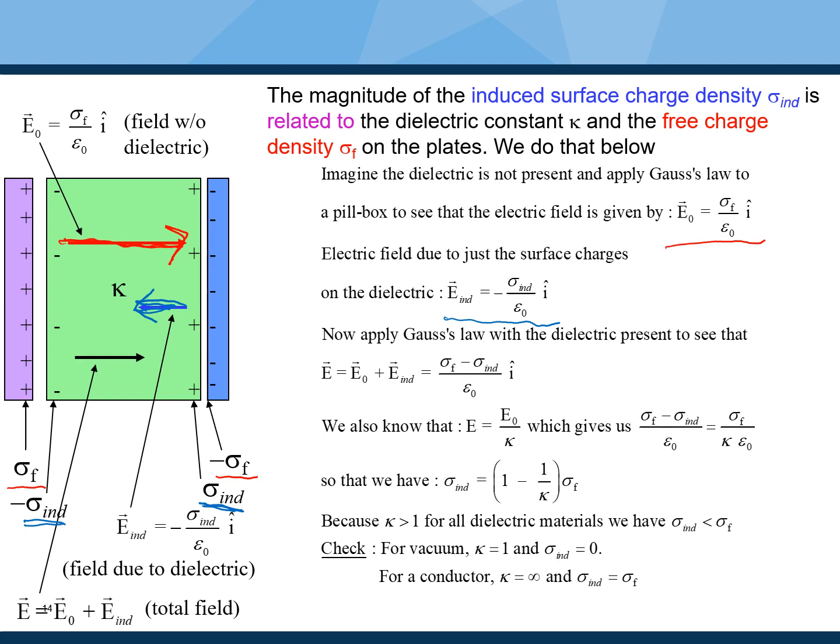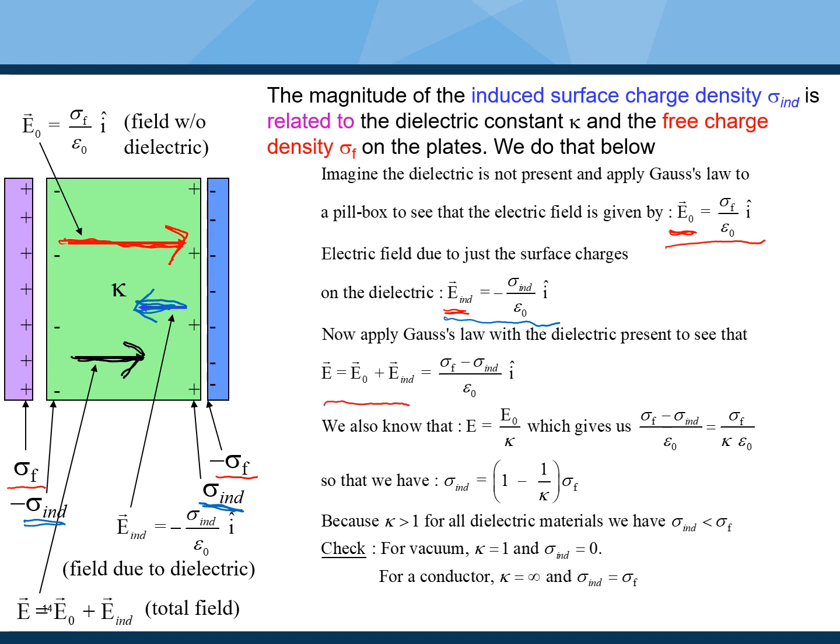Now, what is the net electric field? The net electric field is shown by the black arrow, which is actually the red arrow minus the blue arrow. And you see that the net electric field in the final configuration is indeed smaller than the original red electric field. So that is given by taking E0 and subtracting off the induced electric field, and that's exactly what we do.